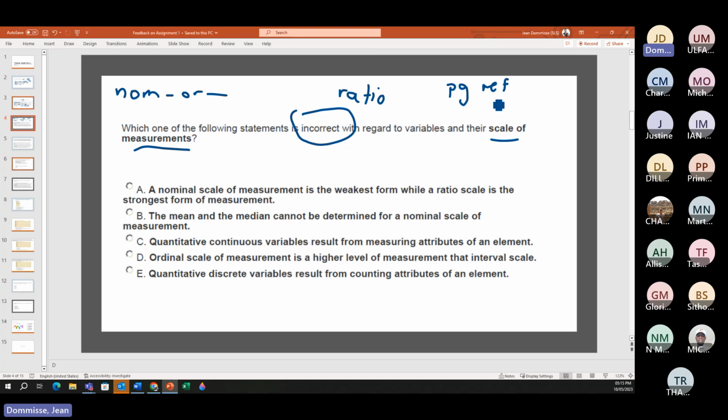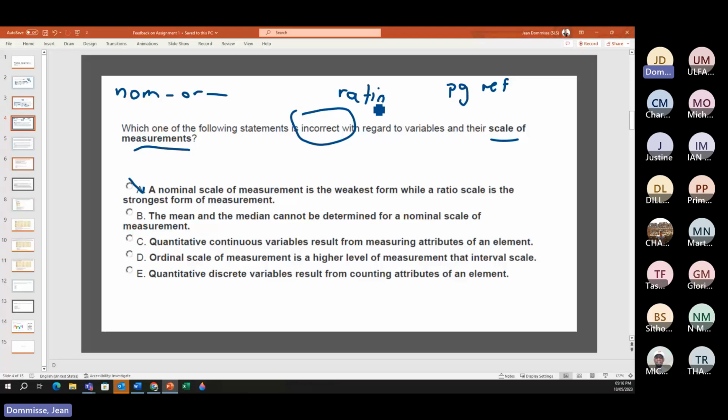If you guys don't have the book, I will definitely just take a pic of that and send it to you. So a nominal scale of measurement is the weakest form, while ratio scale is the strongest form of measurement. That is correct. So nominal basically doesn't give you any direction, where ratio will nearly tell you. So a ratio of 2 to 1, you know that it's twice as big, where in nominal there is no form, or it's the weakest form.